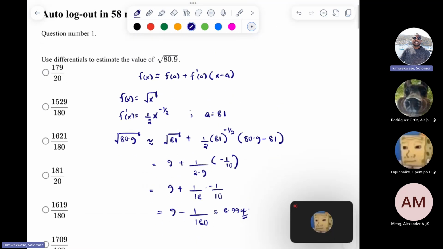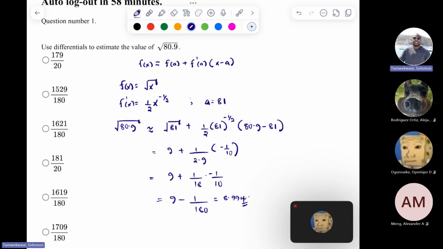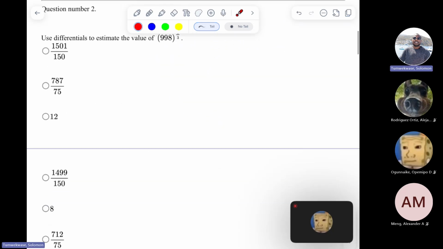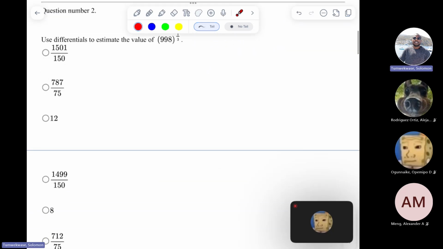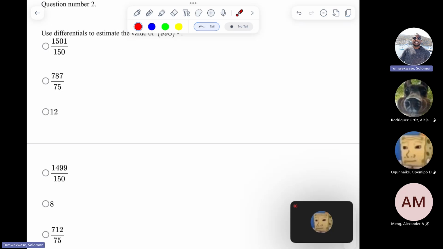And if you're practicing and you take the square root of 80.9 on your scientific calculator, you see that you get a value that is really very, very close to the value that you approximate. Okay, so that is what you'll be doing in quiz 28.